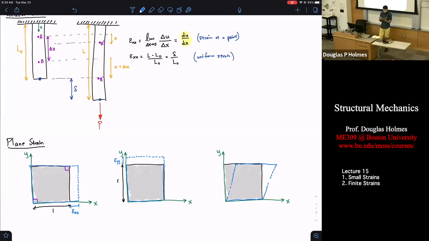And here clearly you see an angle change within the material. So this angle change here is the change between here and here. We'll call it gamma xy.